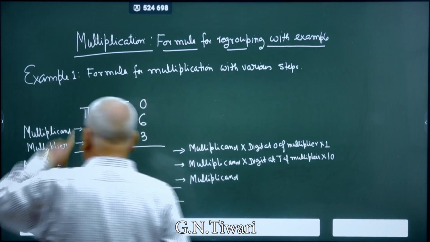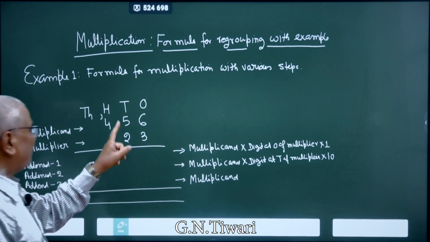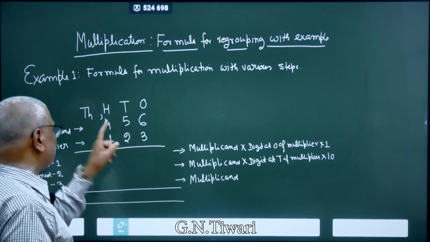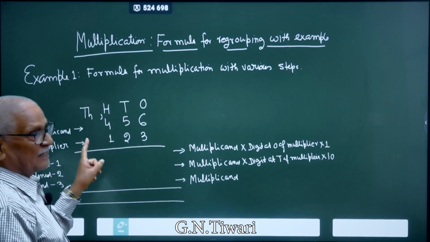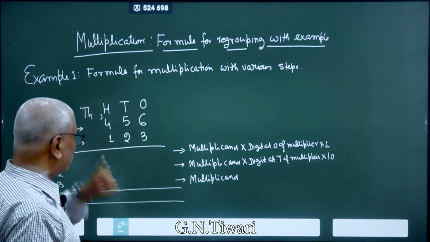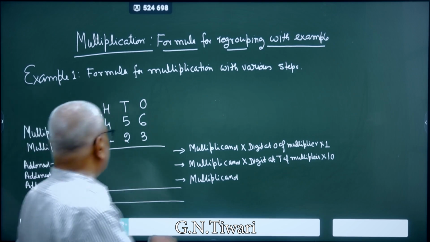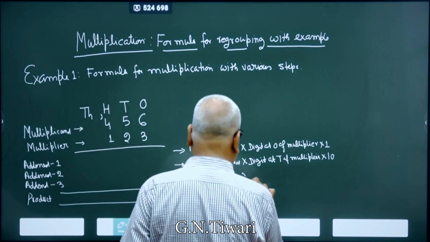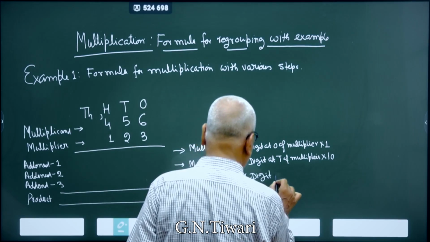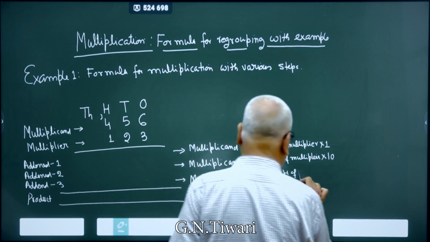I have already mentioned this is the multiplicand, this is the multiplier, this is the first digit of the multiplier, this is the second digit of the multiplier, this is the third digit of the multiplier. Or say the ones digit at O is 3, tens digit of the multiplier is 2, like this. And the third thing is digit at H of multiplier.